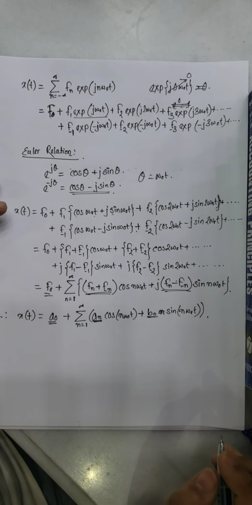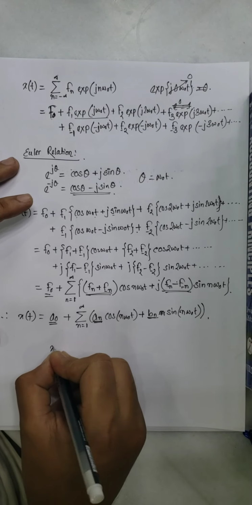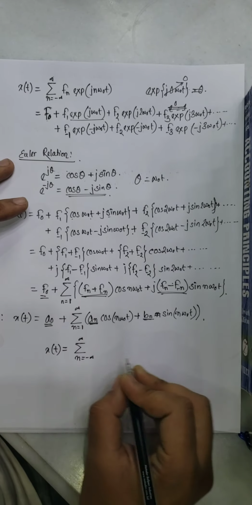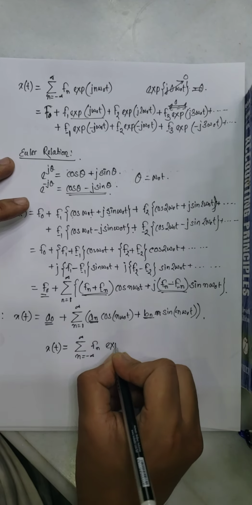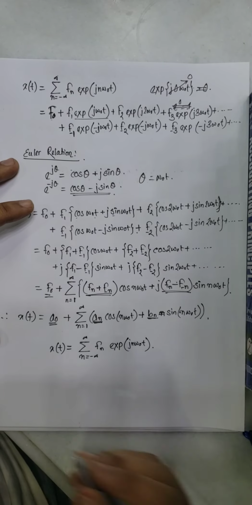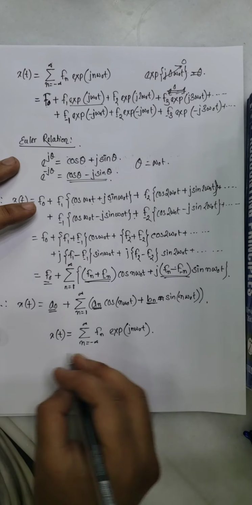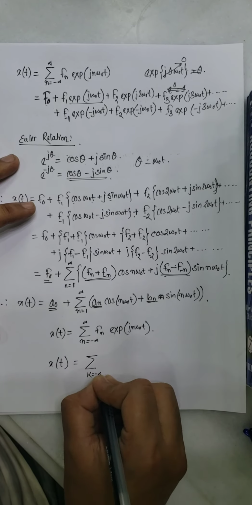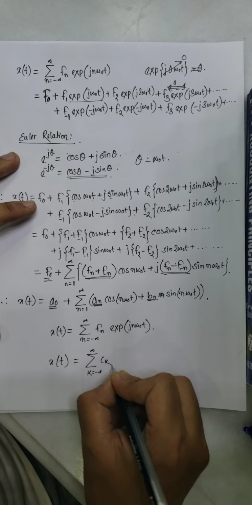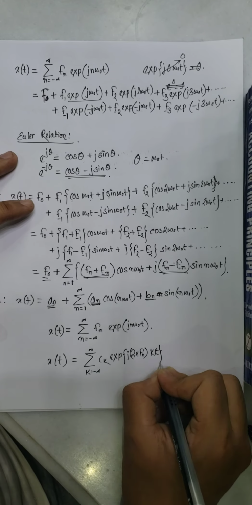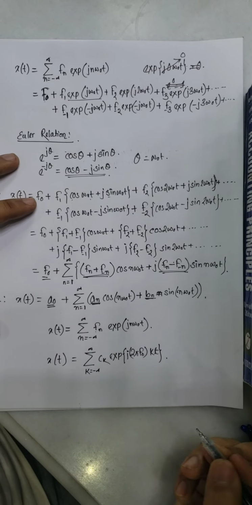We shall only be working with the exponential form of Fourier series, which is, in short, x of t equals the summation of n, which goes from minus infinity to infinity, f of n e to the power j n omega naught t, and for further derivations this can be written as x of t equals the summation k equals minus infinity to infinity c of k e to the power j 2 pi f naught k t.